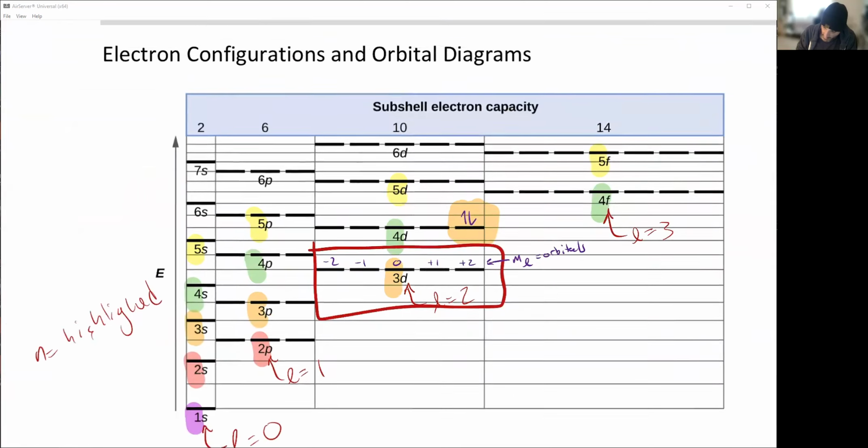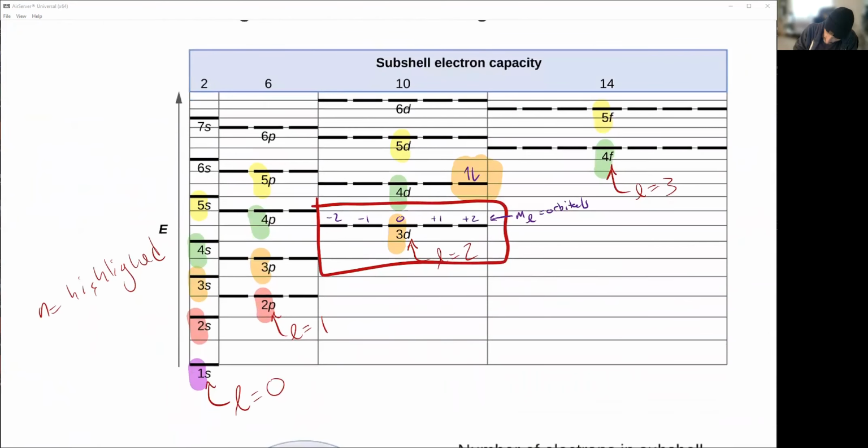So when you look at the top here, the total number of electrons that fit is based on the number of m sub l's times 2, because 2 electrons can fit into each orbital. So a d can hold 10, a p can hold 6, an s can hold 2, and an f can hold 14.